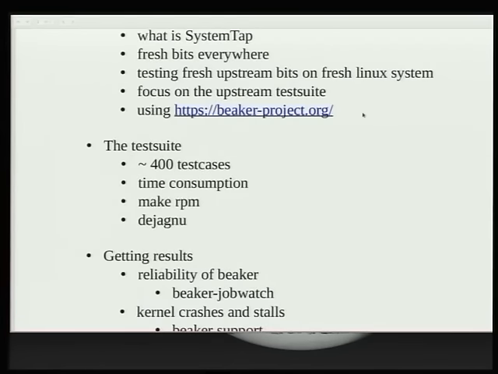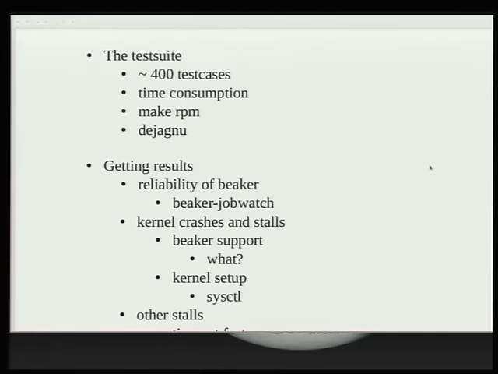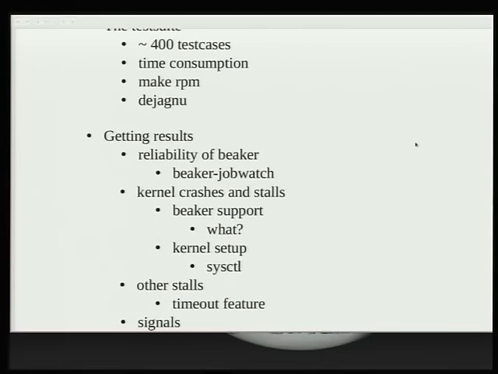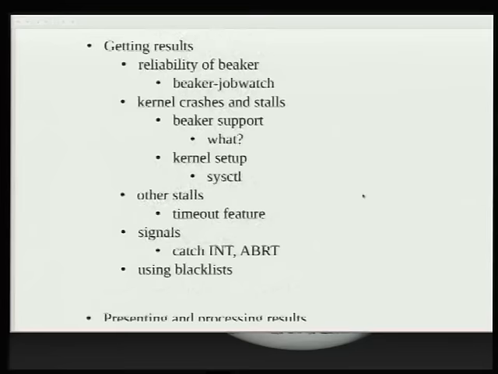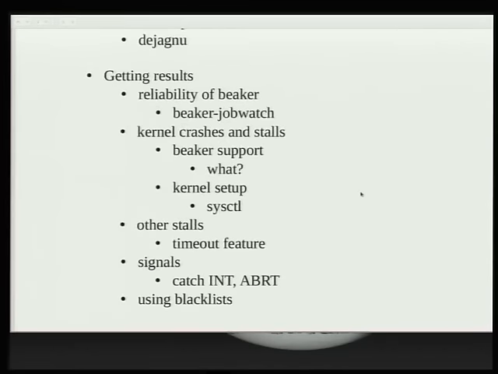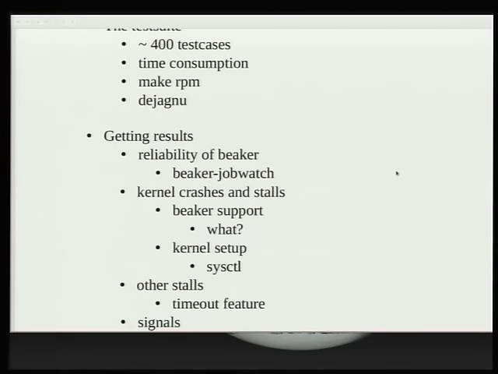So the whole thing is very easy. We need to get results and then somehow present and process them. Getting results seems to be as easy as just instructing Beaker to provision a box and run the upstream test suite in it, and then grab the results and process them.